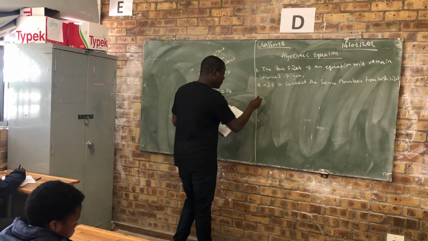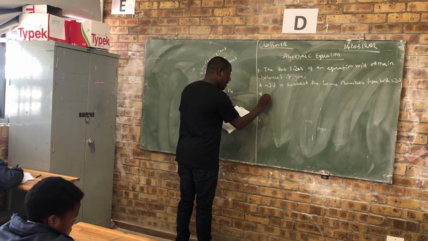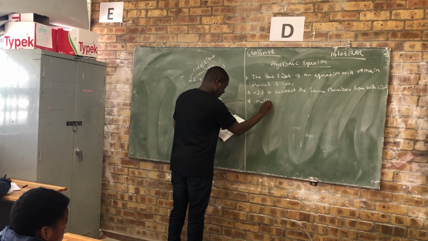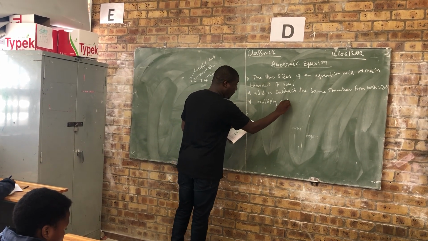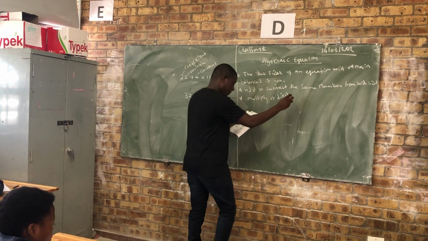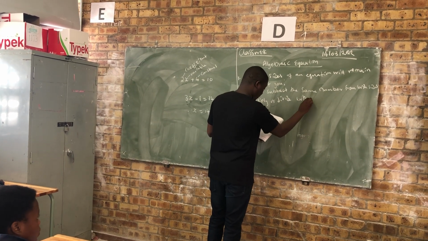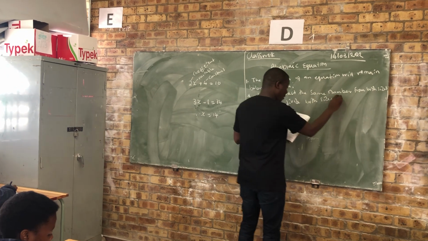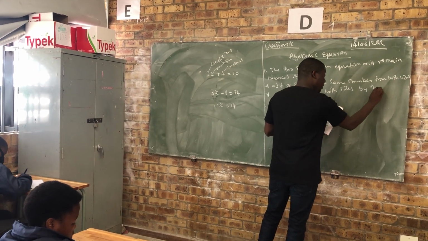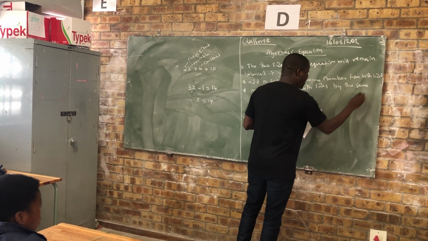And the other thing: multiply or divide both sides by the same number.